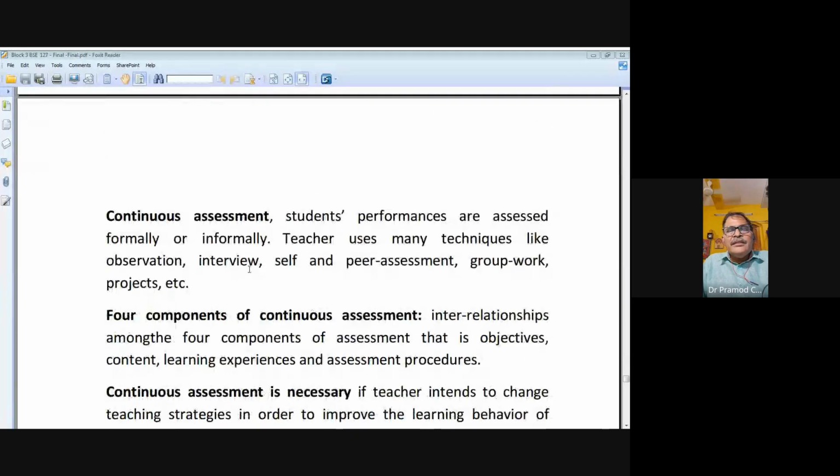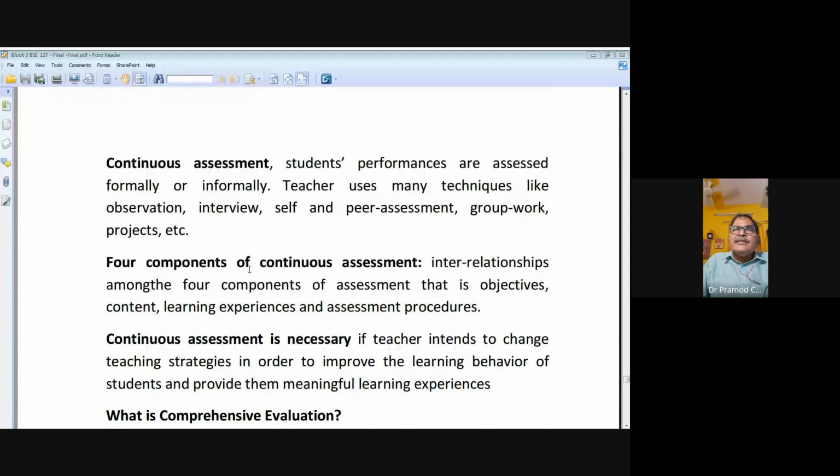But in case of continuous assessment, what are we doing? We are assessing the students' performance formally and informally. Formally means we are conducting the test formally. Informally means we are observing the child.